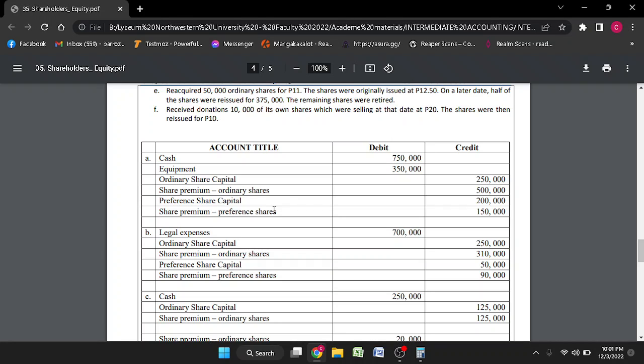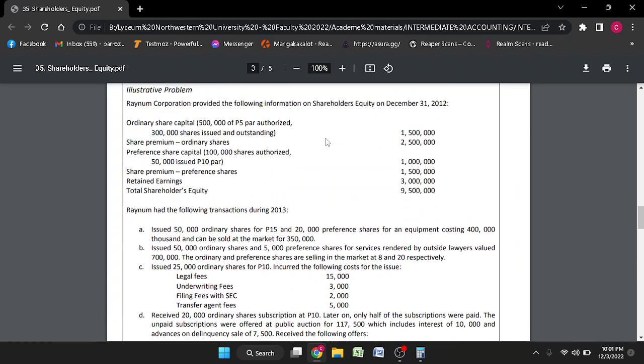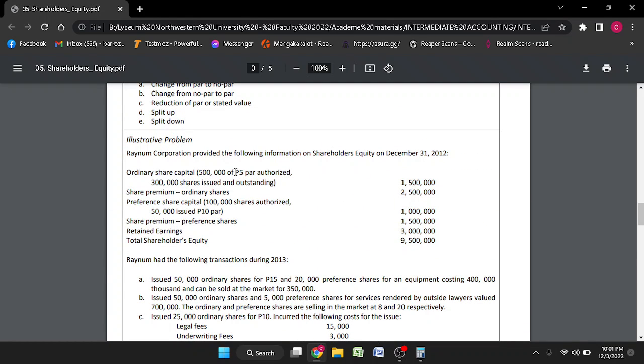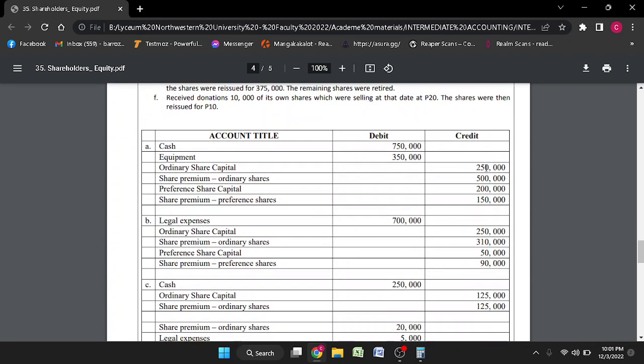And the preference share capital was computed as 20,000 shares times 10 par value. So the excess of the 750 minus the 250 share capital is allocated to the share premium ordinary.